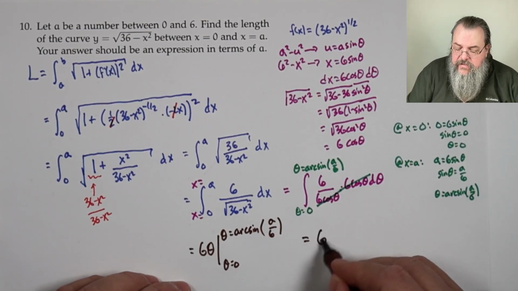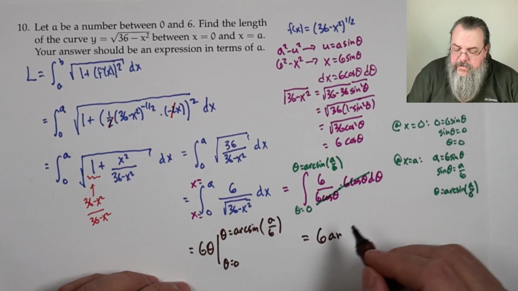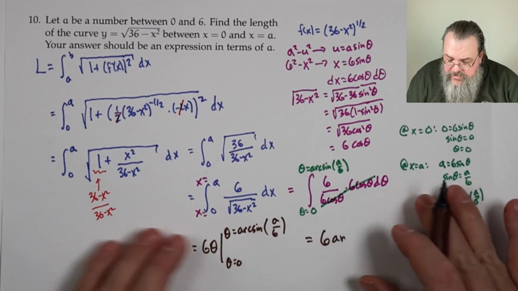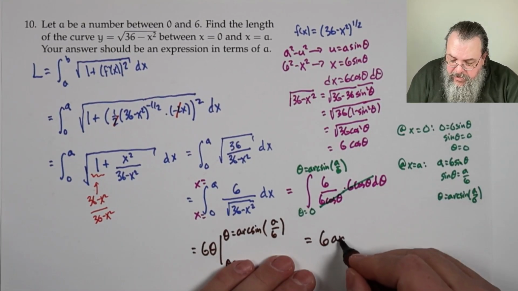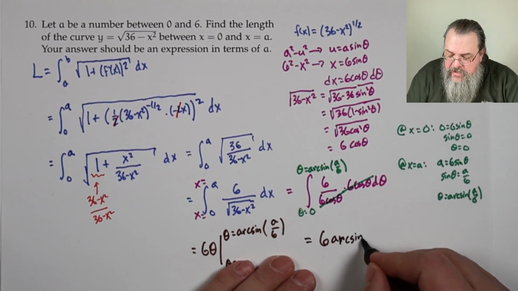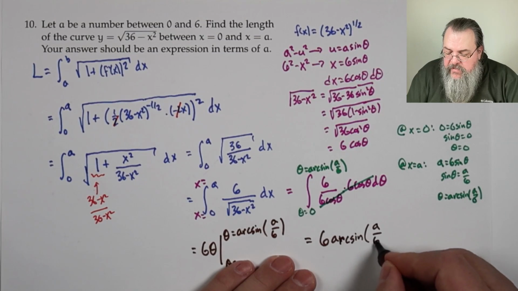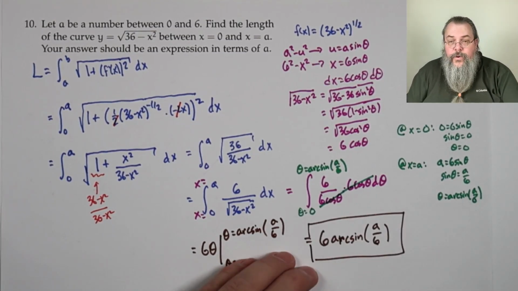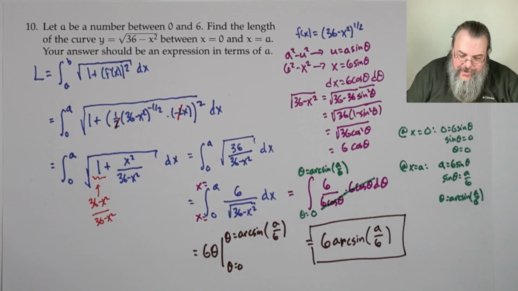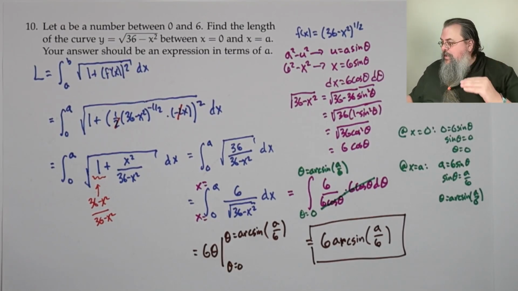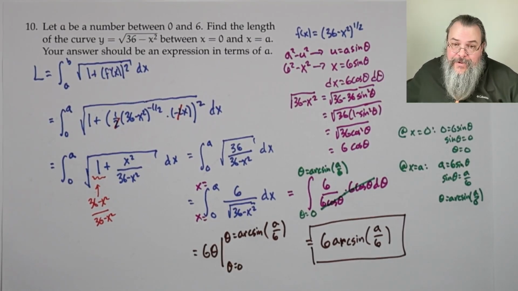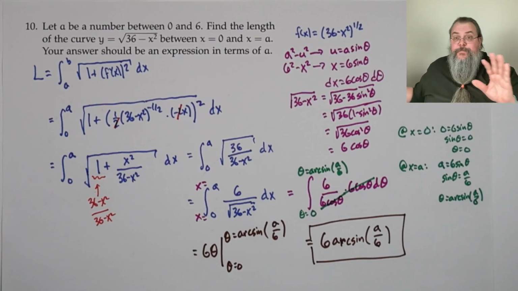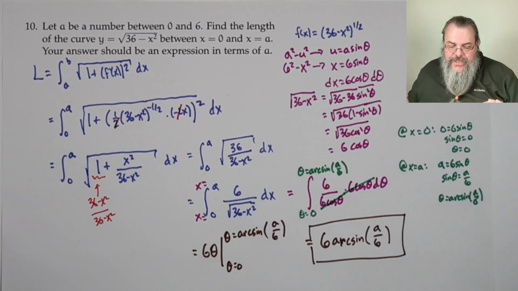And otherwise you get 6 times the arc sine of a divided by 6. Whew, good. Whew. Now, before we celebrate, but we should celebrate a little bit, okay, mini celebration.